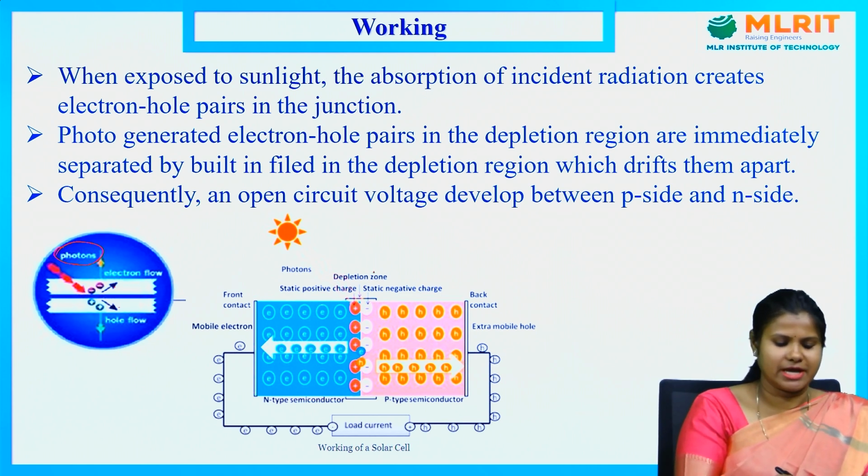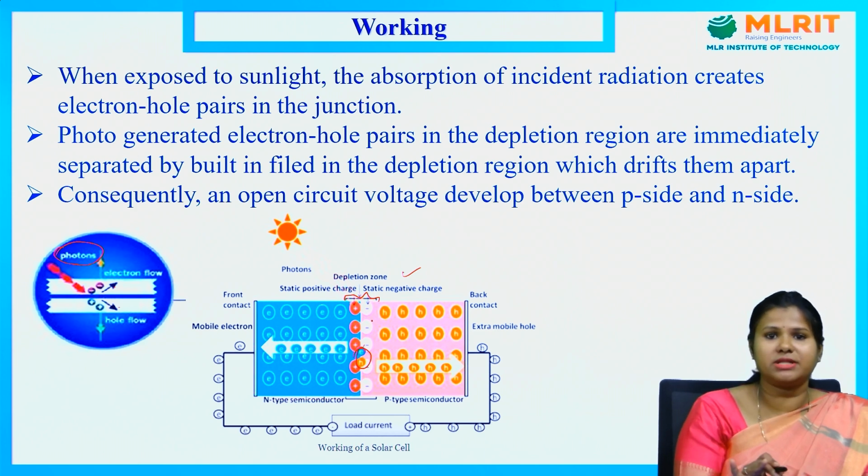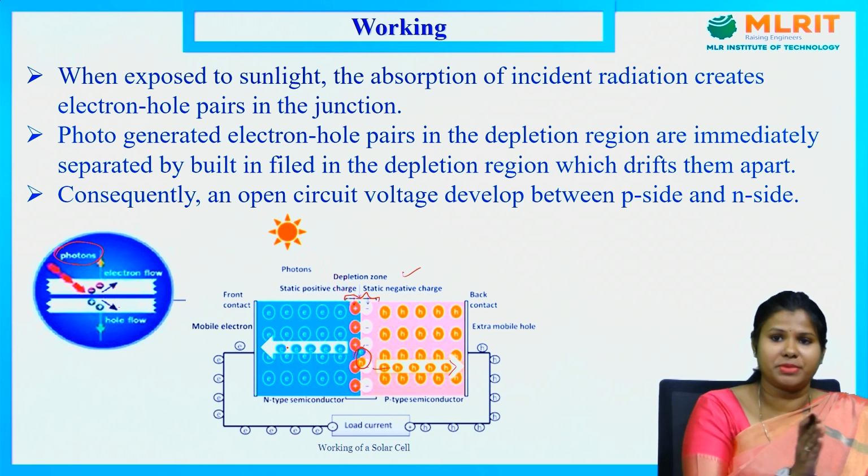Now in this diagram you can see the electron hole pair produced at the junction when sunlight falls on it, and due to the potential barrier developed due to this depletion layer, it will drift the electron and hole away from the depletion layer, and this hole will be attracted towards the p side and this electron will be drifted towards the n side of this semiconductor PN junction.